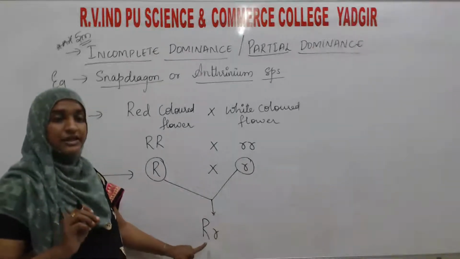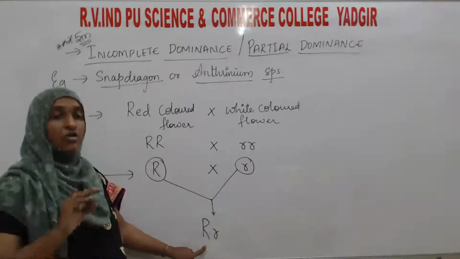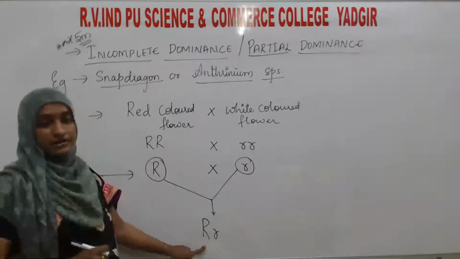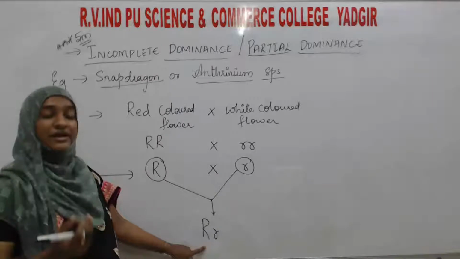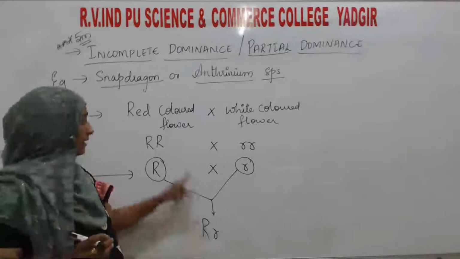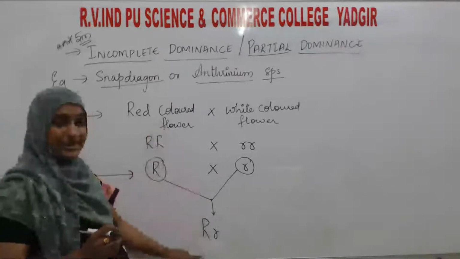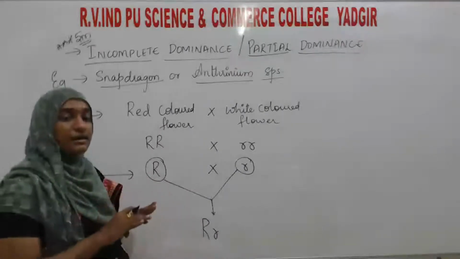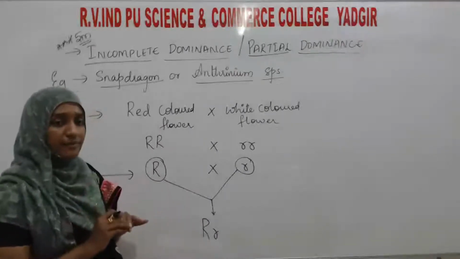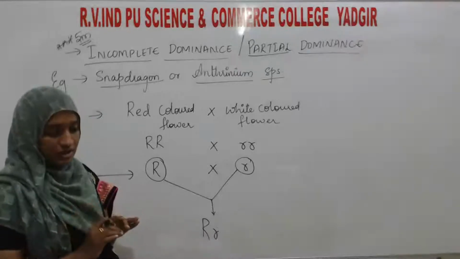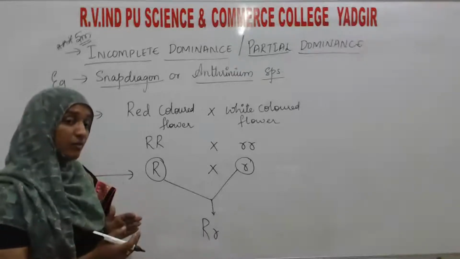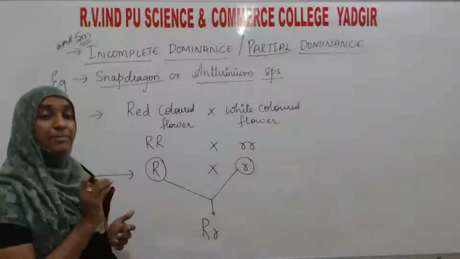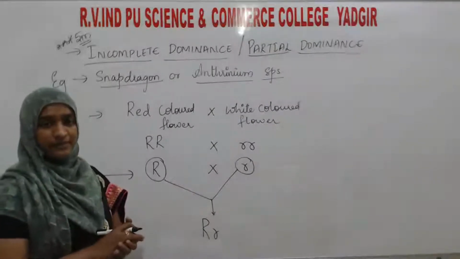But here the capital R is not completely dominant. If it were, you would have said the color of the flower is red, but it's not red. Here the genes are going to mix up. That's why the red color mixes with the white color and produces a pink colored flower.